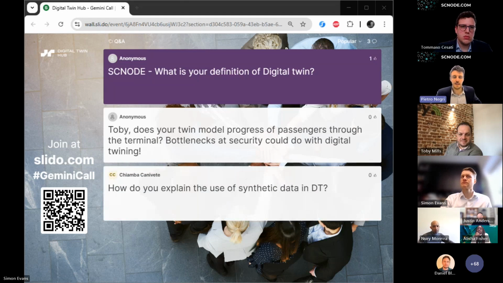Yes, I'll take that. The definition of the digital twin is quite broad. In our vision, a digital twin should be, first of all, a decision-making support tool. It should enable decision makers to support their ideas with quantitative data.